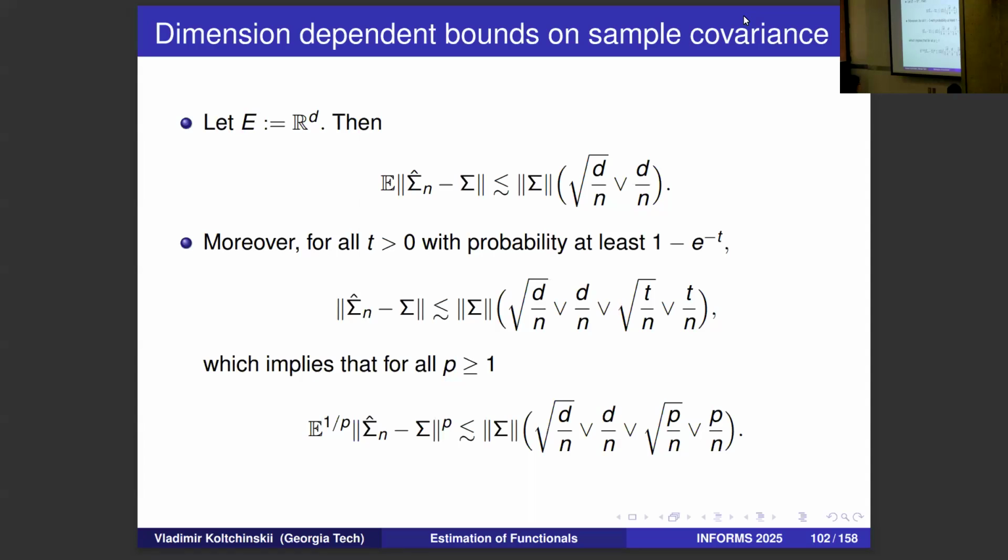But you can easily convince yourselves that this is not always good. If the dimension of your space is a million and your covariance operator is of rank 3, you, of course, could write 3 in this bound rather than a million, because essentially your covariance operator will act only in a three-dimensional subspace, and you can reduce the dimension of the space just like this, okay?